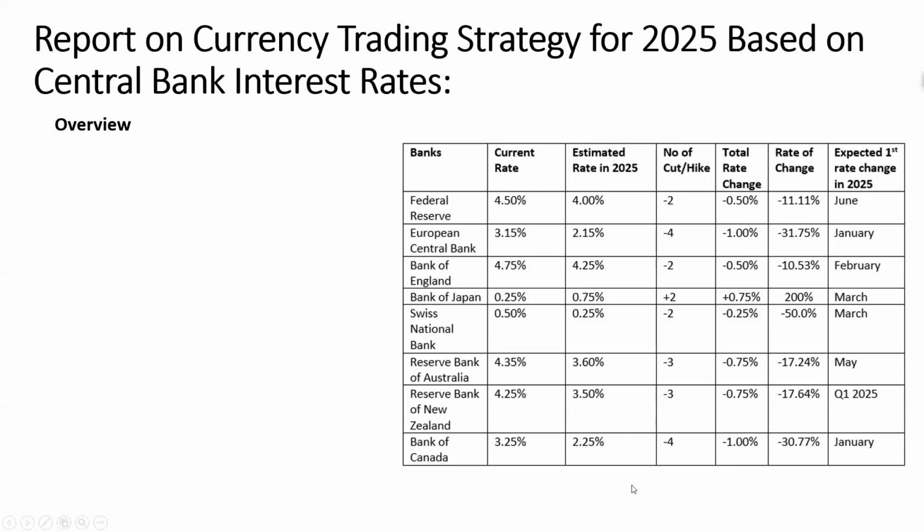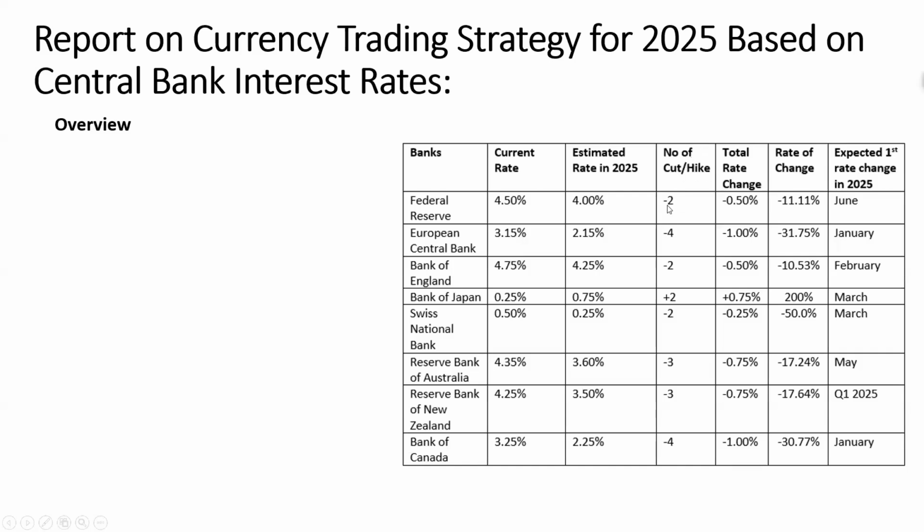Now, what I'm trying to say just now is that how to trade the market is based entirely upon this prediction here. If the number changes, then things might change. Okay, so this is the number of cuts or hikes expected.